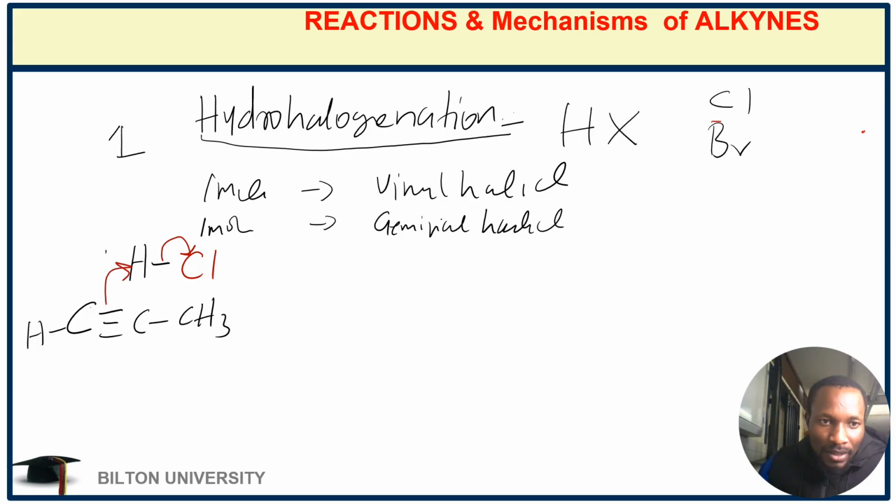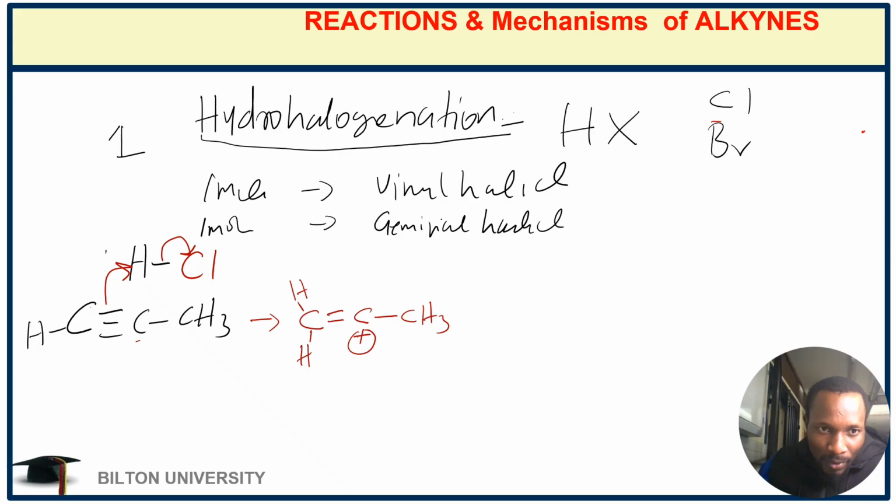And this is going to give a carbocation on this carbon here, what we call a vinyl carbocation. So this is what we are going to form. We are going to have a carbon-carbon double bond, but then we have a carbocation on this carbon. We still have our CH3. We have our hydrogen, the newly formed hydrogen, and the hydrogen that we had initially.